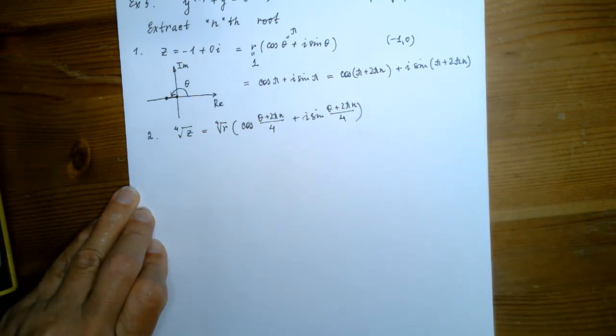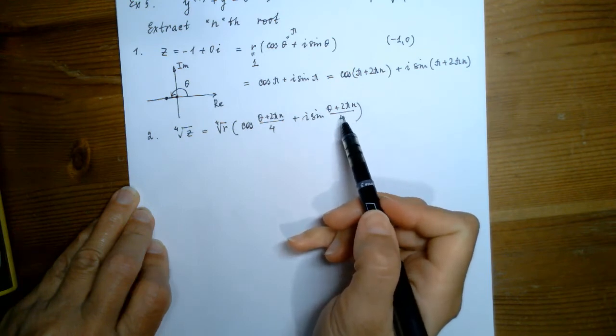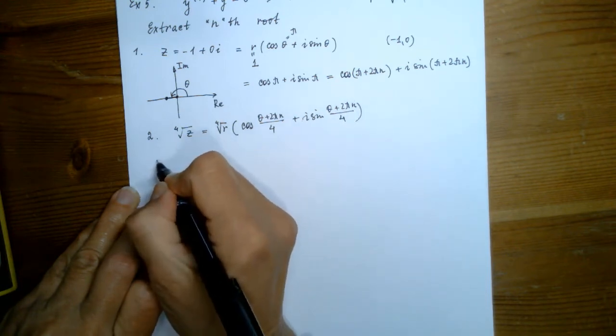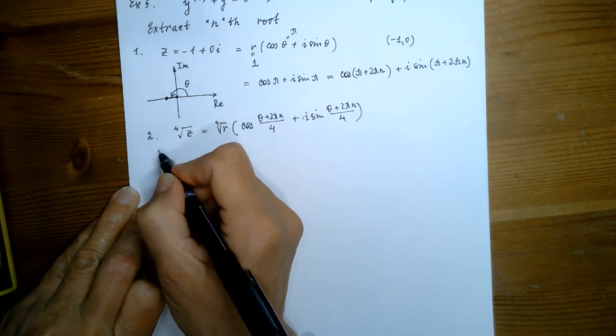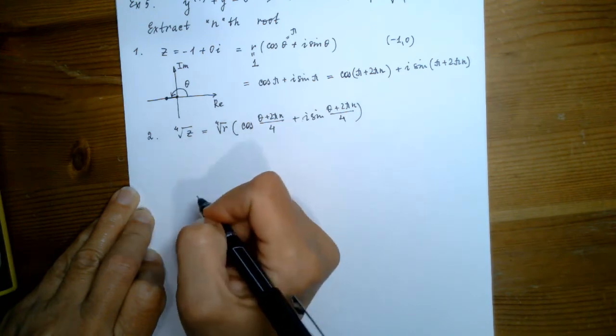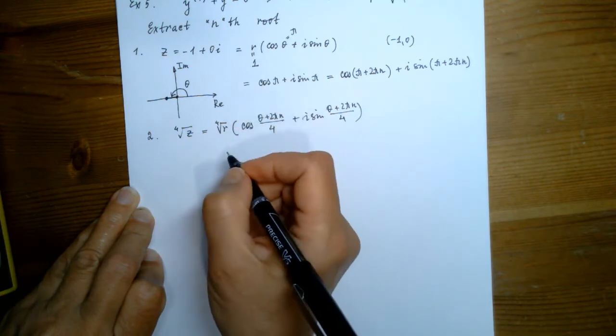Well, this is going to produce 4 different roots. Let's see how. The fourth root of 1 is just 1, right?